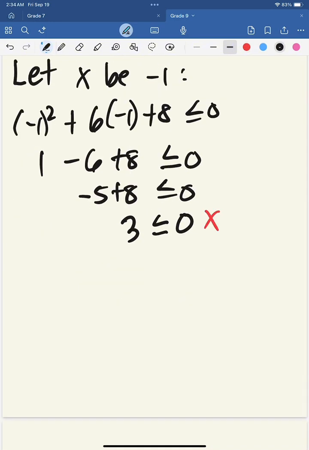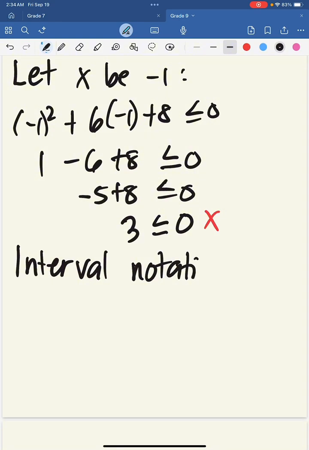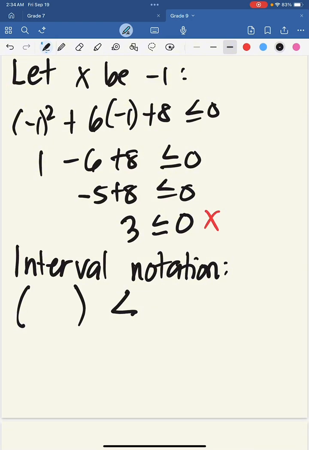Now, writing this in interval notation would look like this. Earlier, in our given example, the inequality symbol that was used was just this. That is why we just use the open and close parentheses. But this time, for the second example, we use less than or equal to.